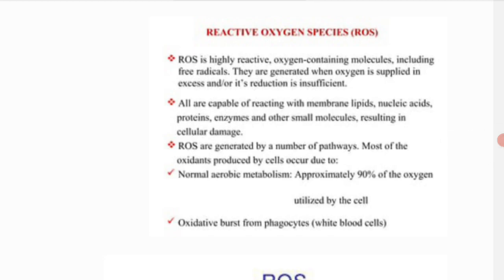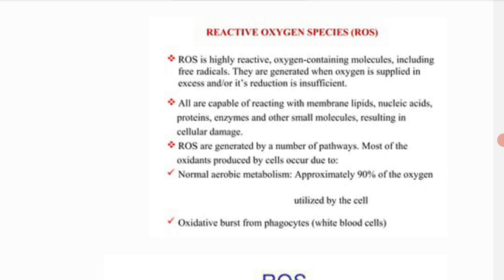Reactive oxygen species are highly reactive oxygen-containing molecules, including free radicals. They are generated when oxygen is supplied in excess and/or its reduction is insufficient. All are capable of reacting with membrane lipids, nucleic acids, proteins, enzymes, and other small molecules, resulting in cellular damage. ROS are derived by a number of pathways.